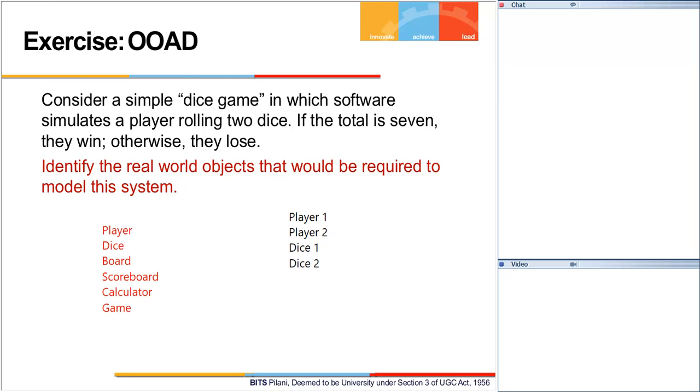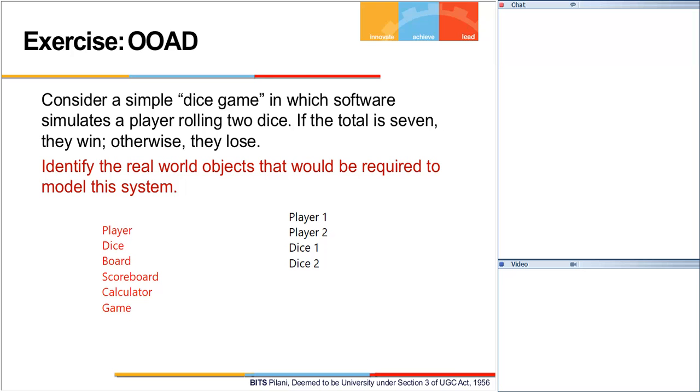Definitely, when I implement this, I will need a board. But do we need a board in this case? Effectively, no. This is a normal game which is played without a board. You can just take 2 coins and roll them on any surface, and you just need to get a total of them, right? So the concept of board is effectively gone.